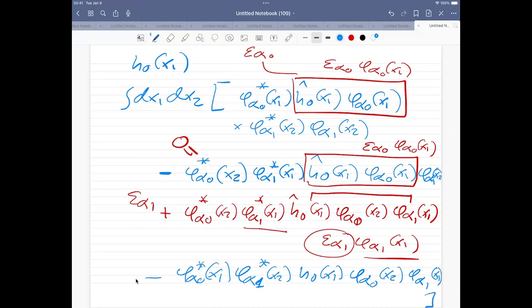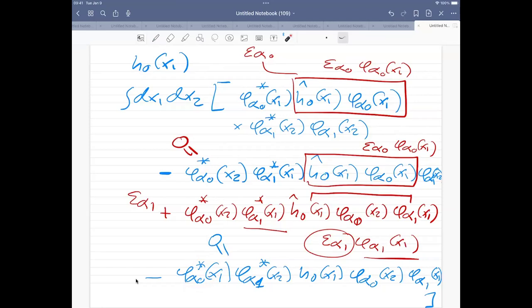If you look at that one. Yeah, this is also 0. Because I have the operator here acting on this state gives alpha 1, but then alpha 1 here, now x1 is in alpha 0.